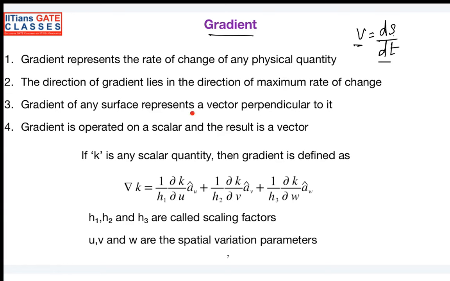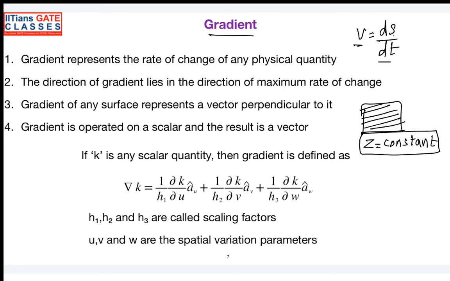So when you apply the gradient for this particular surface, this represents a vector which is perpendicular to it. Which is the perpendicular vector to this? We have already seen: since this is z equal to constant, there is a change in x and a change in y, so the perpendicular vector will be z itself. So the gradient of any surface represents a vector which is perpendicular to it.